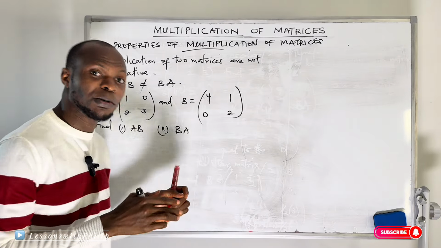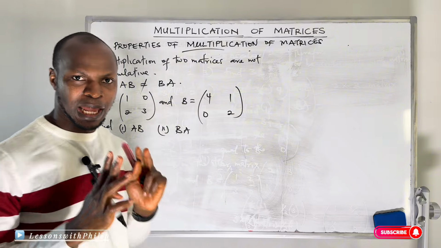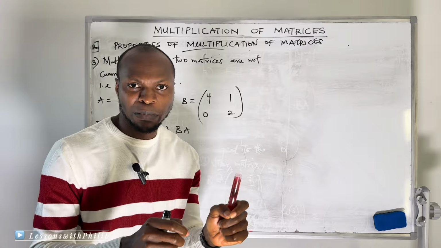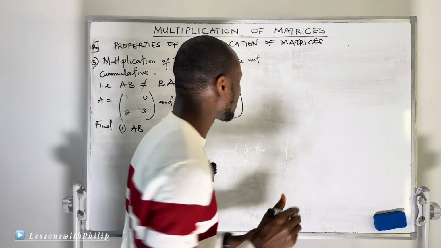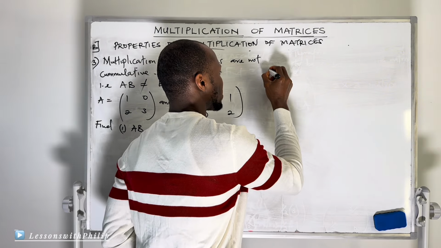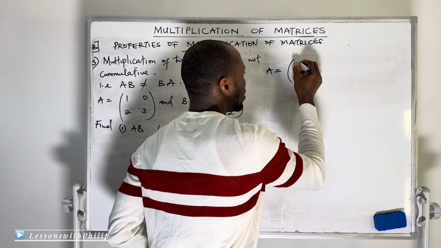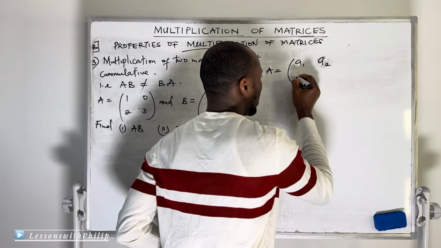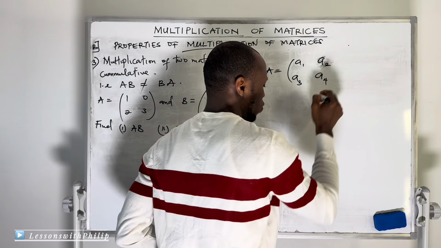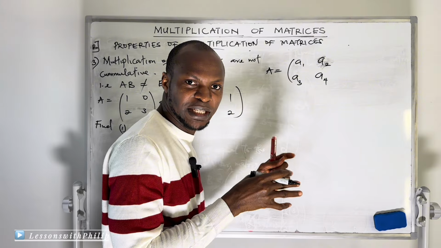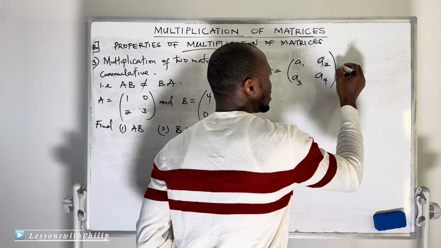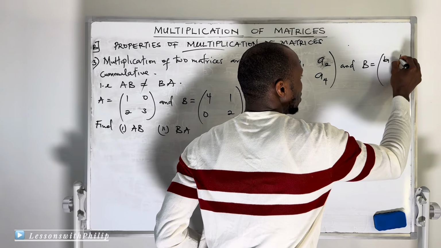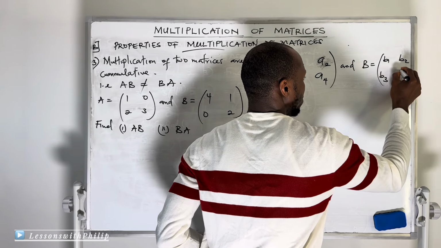Now, before I move to the multiplication, let me quickly explain. To multiply matrices, the rows multiply the columns. Okay? It will be simple. Now, if I have a matrix A equal to A1, A2, A3, A4, I quickly want to explain the logic behind multiplication of matrices. And we have B equal to B1, B2, B3, B4.